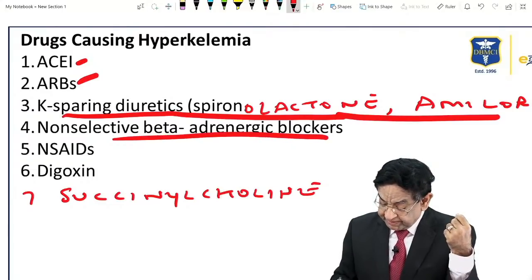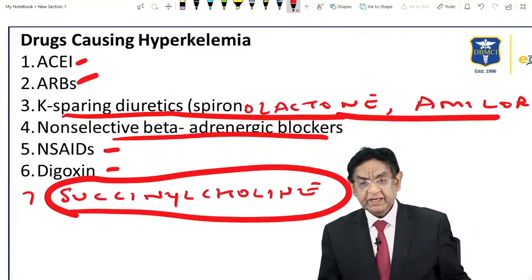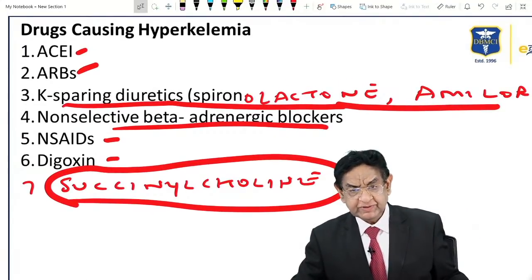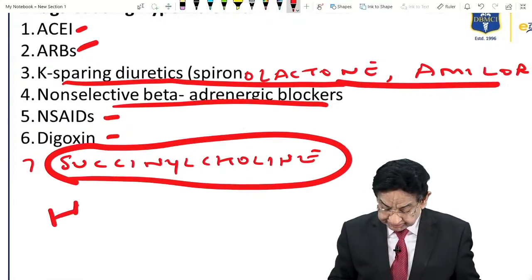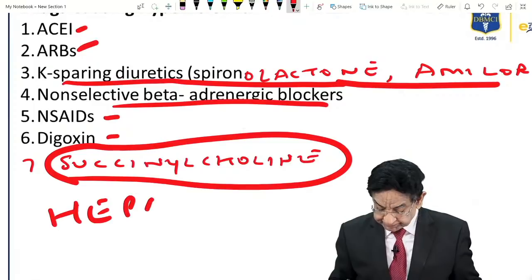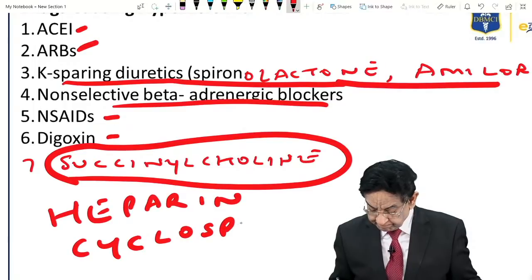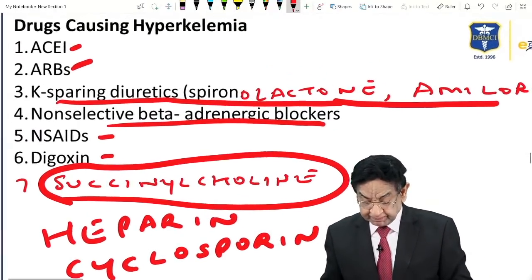Non-selective beta blockers, NSAIDs, digoxin, and succinylcholine. These are the important drugs which can lead to hyperkalemia. In addition to that, heparin and cyclosporin.